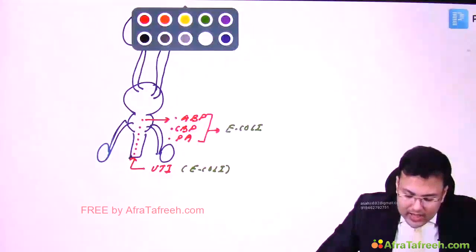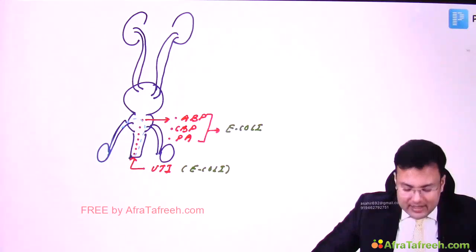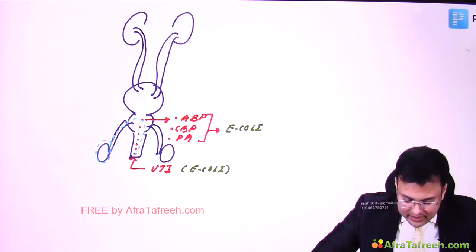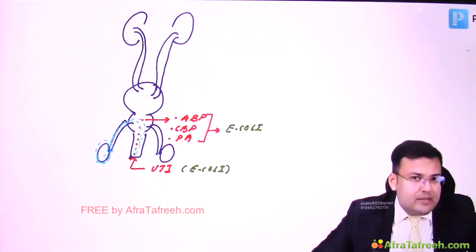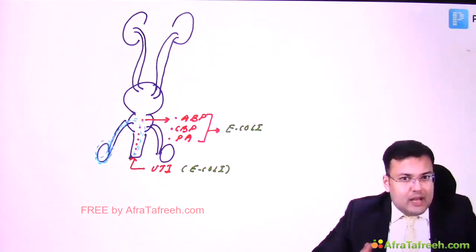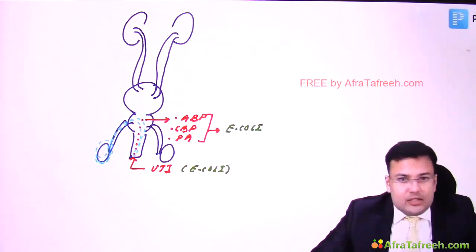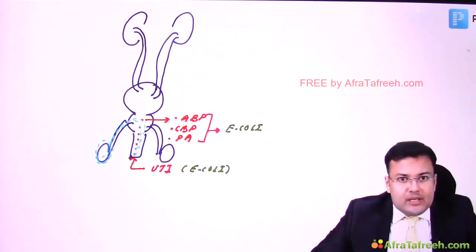Now via the ejaculatory duct, the organism reaches the vas deferens and then involves the testis. If only the epididymis is involved, the patient develops epididymitis, and when epididymis and testis both are involved, the patient develops epididymo-orchitis. Acute epididymo-orchitis occurs in children, in elderly and in homosexuals.